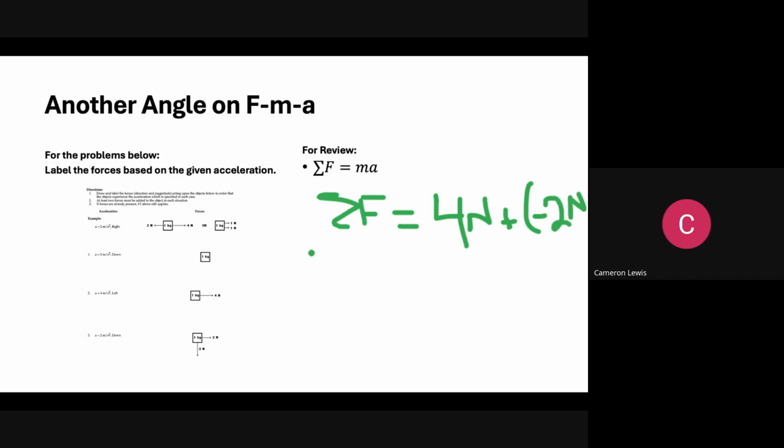Why did I put -2 newtons? Because they're going in opposite directions. So I'm adding the sum of the forces right here, where now I have 4 newtons minus, to just make it easier, 2 newtons. So now the sum of my forces is equal to 2 newtons.